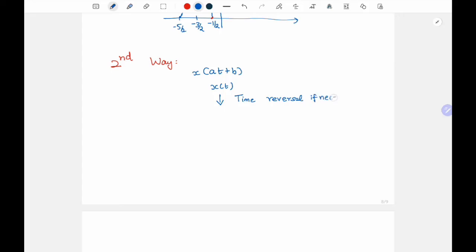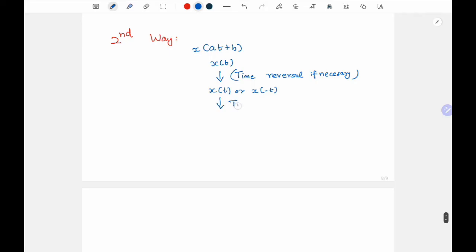Then you will have some x of t or x of minus t depending on whatever a is, right? Then you do time scaling by mod a, right? So then what will you get? x of at, correct? Then for when you're doing time shifting, you have to replace t, right? Time shifting by b.